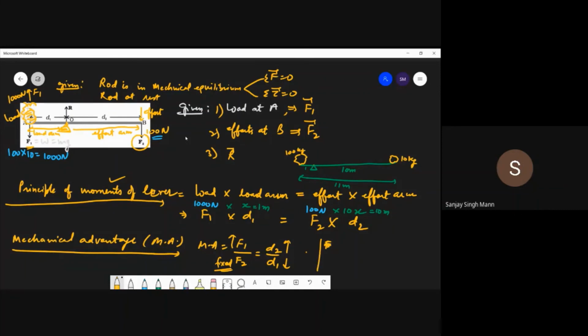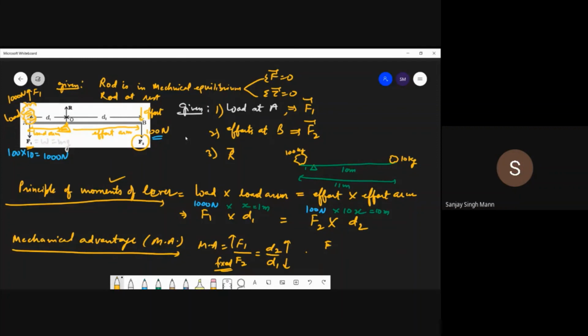It means you want to apply less effort. So what is the advantage that you want?